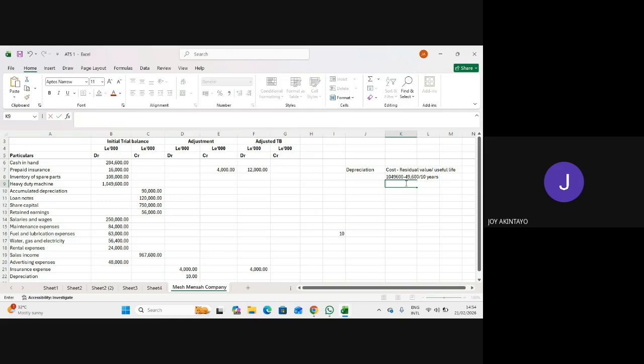This is not the correct answer. 1,149,600 minus 49,600, that is 1 million. 1 million divided by 10.